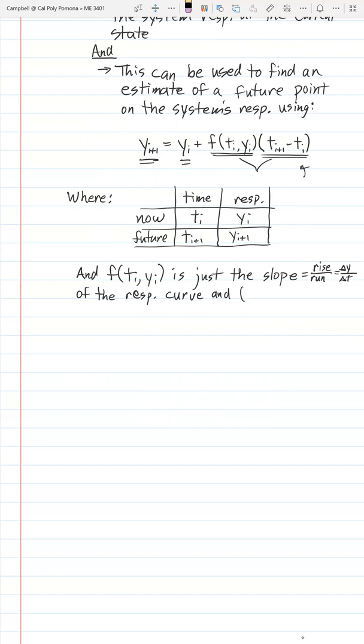And then, of course, that ti plus 1 minus ti is the period of time we are extrapolating, or propagating is usually the term used, across.